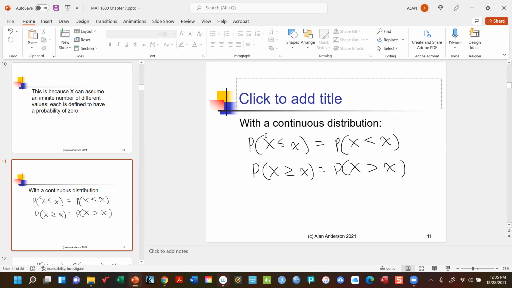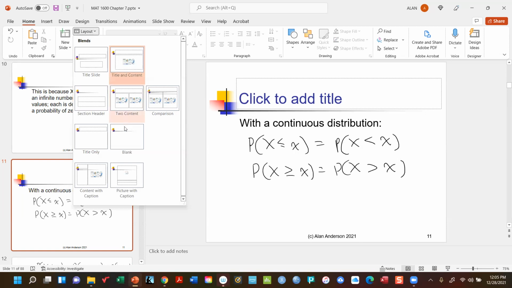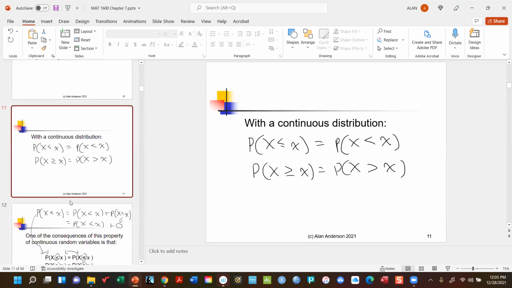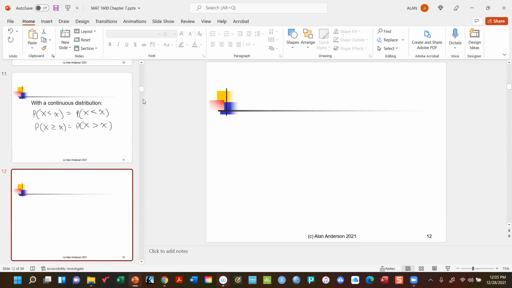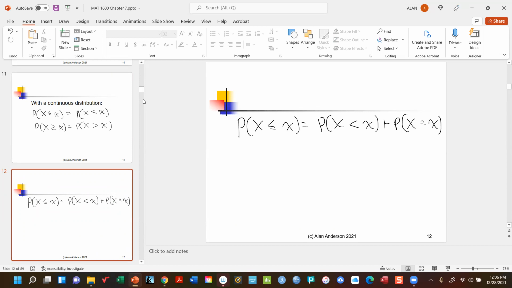Now, let me show you why. You're probably wondering how this is possible. Well, remember, we did say that with a continuous distribution, the probability of equaling a specific value is 0. So watch this. I think you'll all agree the probability that x is less than or equal to lowercase x is the sum of the probability of x being strictly less than x and the probability that x exactly equals x.